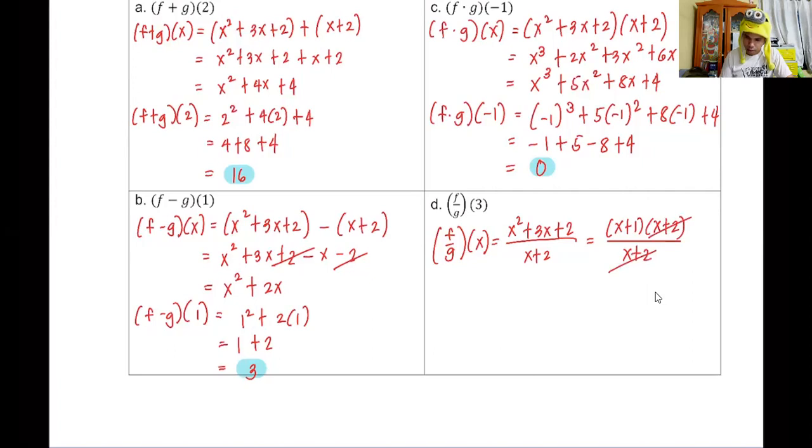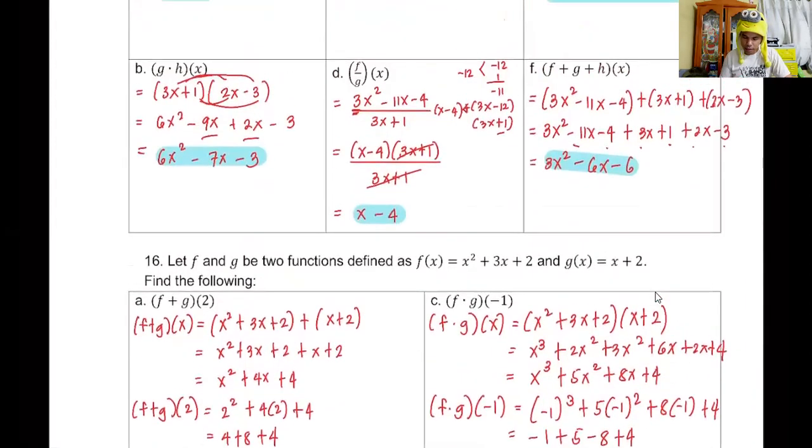And then we have f over g of x is equal to, so the answer is x plus 1. By the way, there is a restriction here: x should not be equal to negative 2, because if x is negative 2, the denominator becomes 0. Okay? So we substitute 3. So we have 3 plus 1 or 4. Okay?